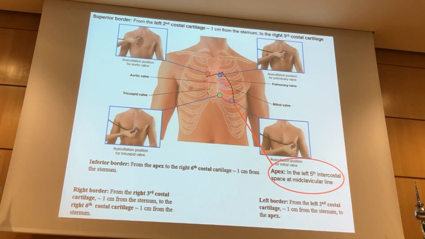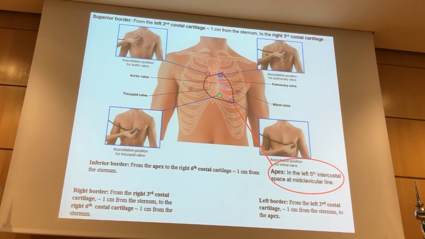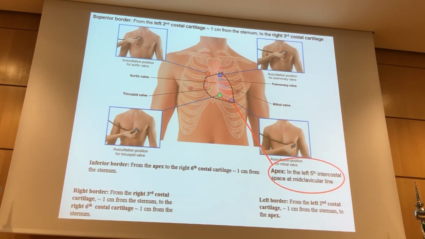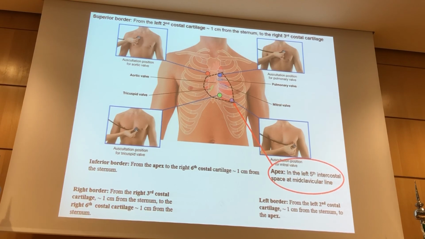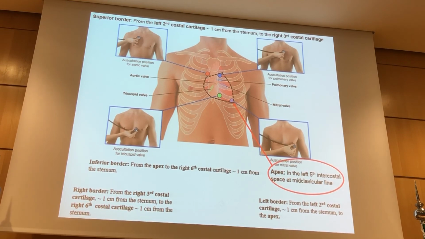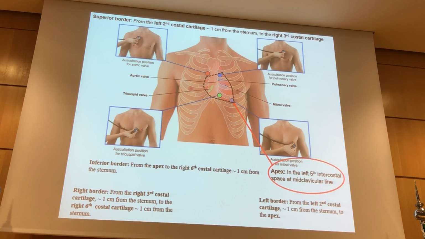Right border goes from the third to the sixth costal cartilages, and inferior border joins these 2 points. So again, next lecture, when we talk about the valves, I'm going to tell you where you can listen to the valves in action exactly at their best location, depending on the surface anatomy of the heart.